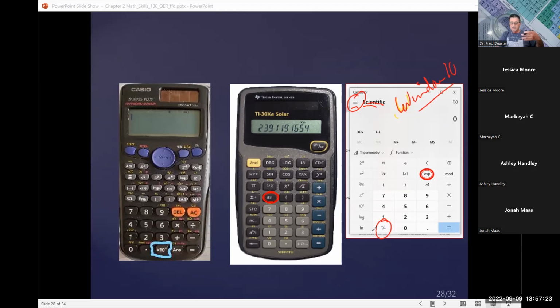So I can make the number itself a negative, or if I need the exponent negative, and I'll run through an example, I can hit the toggle button and make the exponent negative. Okay, so find the EXP button, okay, and the toggle button. Some calculators have a button that's a double E button.